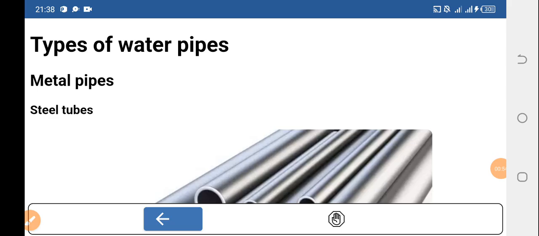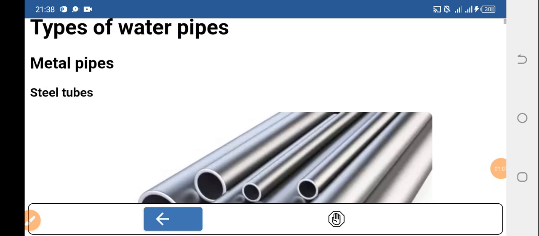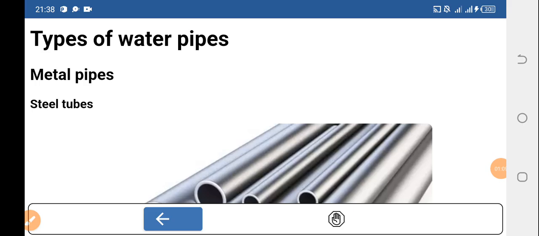Okay, last time we were discussing the types of water pipes, and the first type of water pipes that we talked about was metal pipes. When we talk about metal pipes, metals are of different types. We have steel tubes.